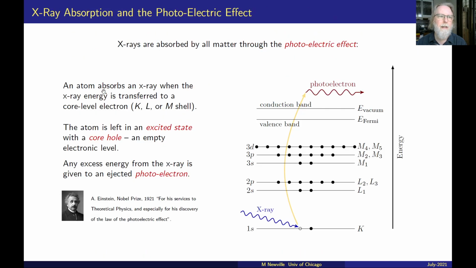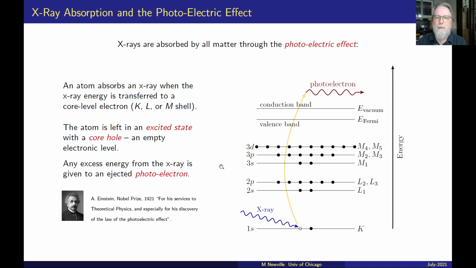So the photoelectric effect, that is the dominant process for how X-rays interact with matter, was described by Albert Einstein and was what he was awarded the Nobel Prize for. In this effect, an X-ray enters or is absorbed by an atom by kicking out one of the deepest core level electrons, perhaps the tightest bound or the 1s or K shell electron. The X-ray energy goes to that electron level, which is kicked out into the conduction band, if there's any.